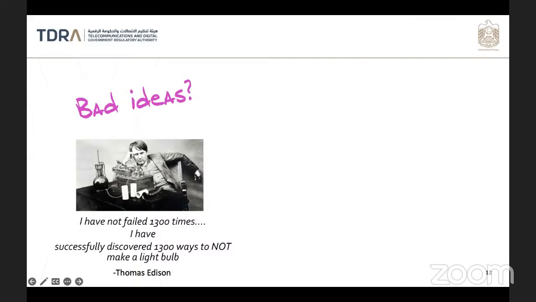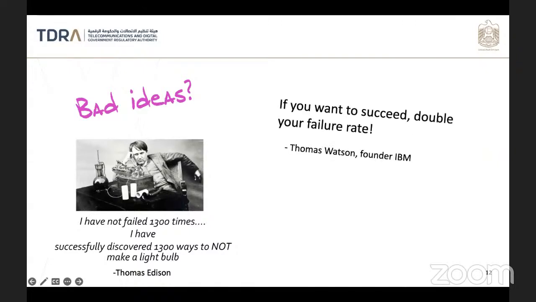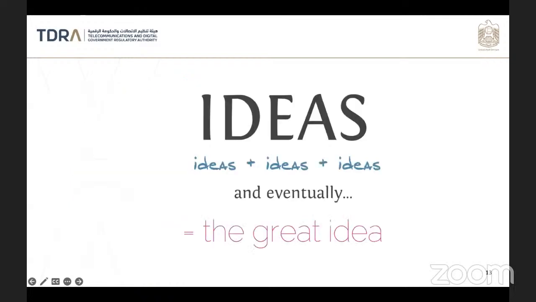So this is the only way to succeed, actually. And this is why Thomas Watson, the founder of IBM, said, if you want to succeed, double your failure rate, man. If you double your failure rate, you are guaranteed to succeed fast. So in order to get good ideas, you have to create a lot of bad ideas. And eventually, the great idea will come.